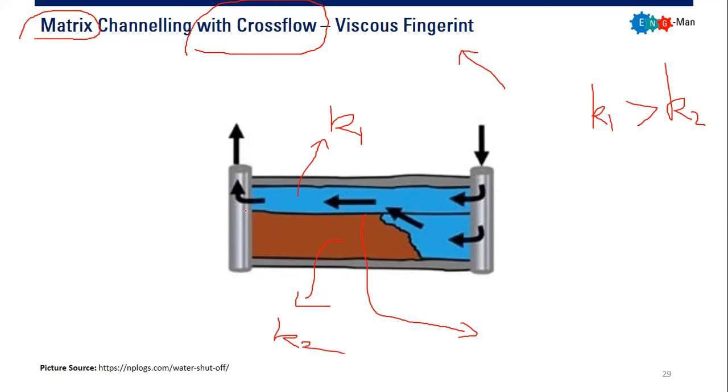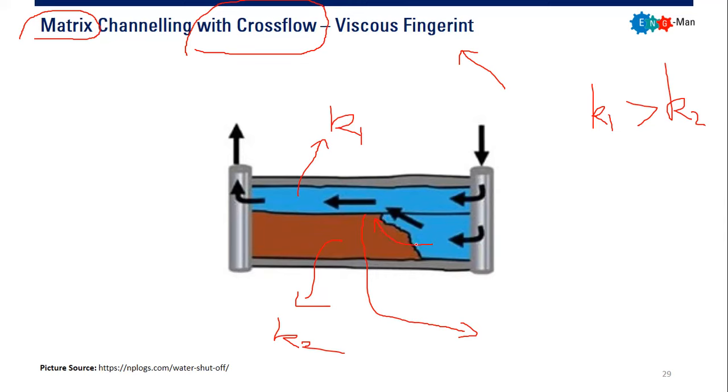So it's like that. In this case, permeability in the first layer, in the upper layer, is greater. So the first layer will be depleted earlier, and the fluid from the second layer will be directed to the depleted layer, which is the first layer.